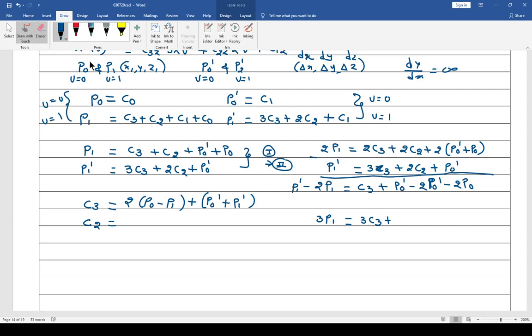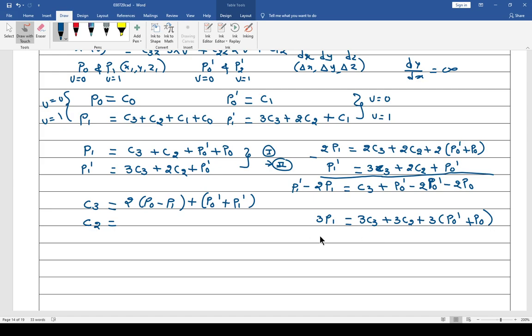Okay, so therefore, 3 into 2 times, now we will directly eliminate, we do the subtraction operation. So I have here in this case 3c3 plus 3c2 plus 3 times p0 dash plus p0.